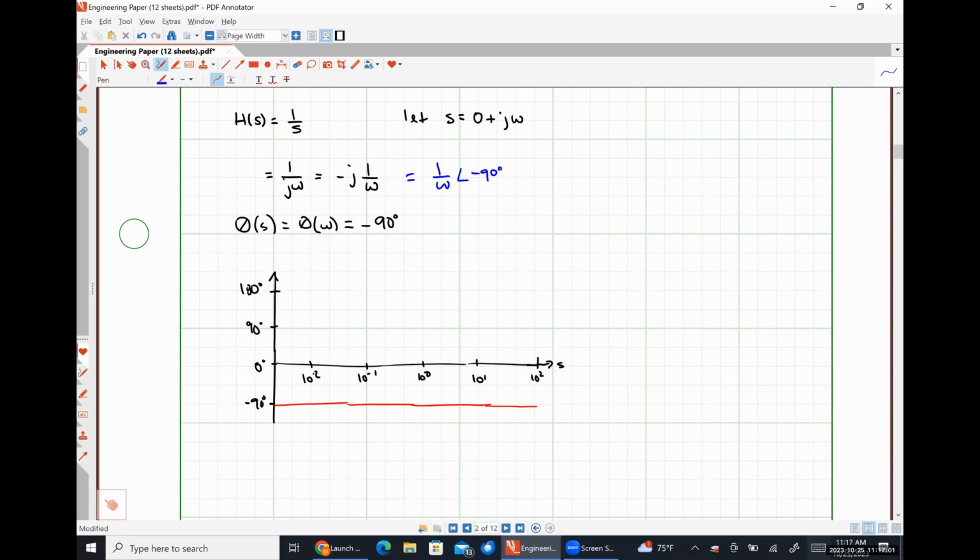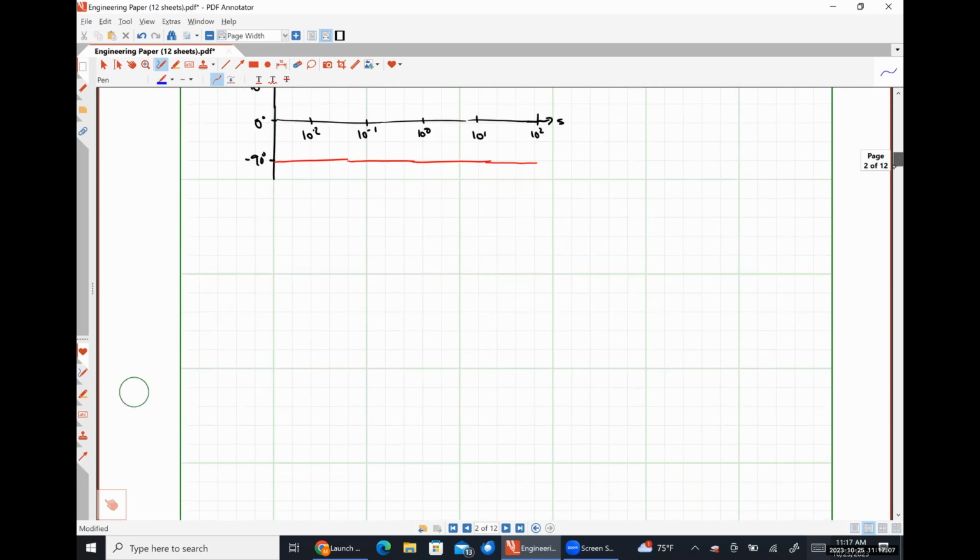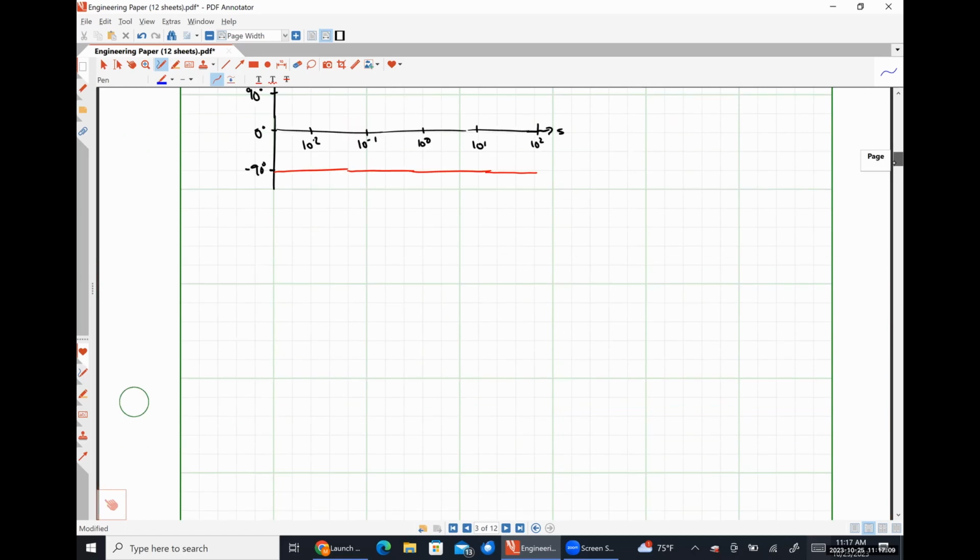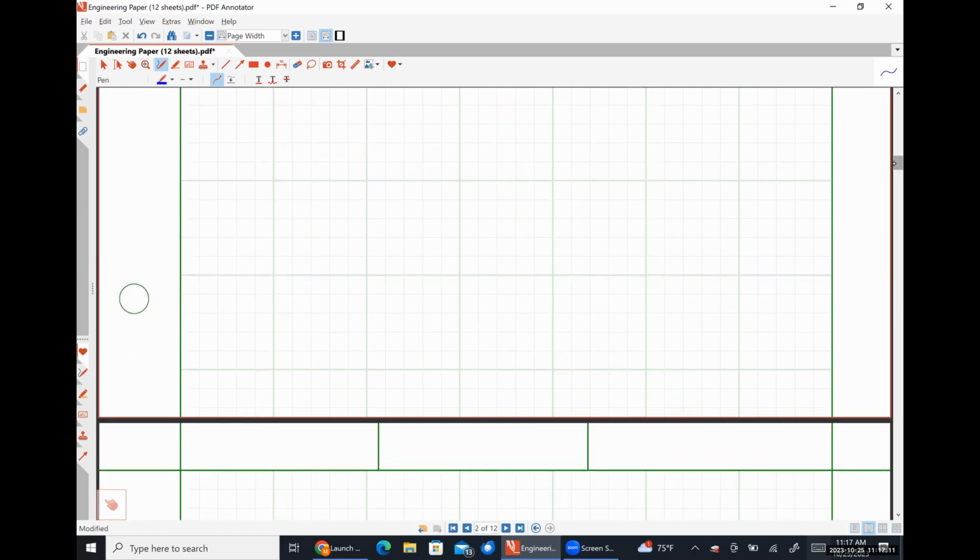So now let's expand on this slightly. Let's look at a second example. Let's say that H of S were equal to 10 over S squared.